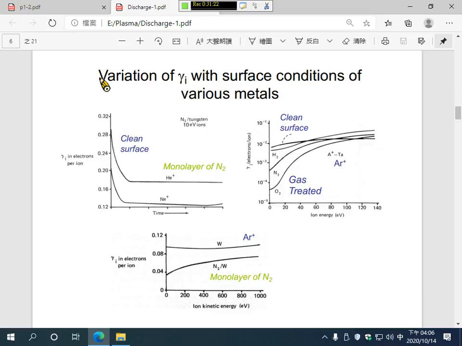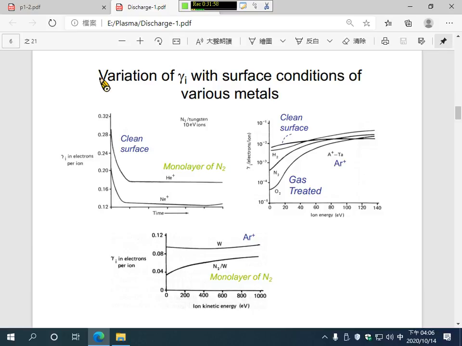Usually when we run this kind of experiment, we need a vacuum system. But in a vacuum system, if you use pumps to pump out the air, usually you cannot remove all the gas molecules. A small amount of gas molecules remains inside the system.